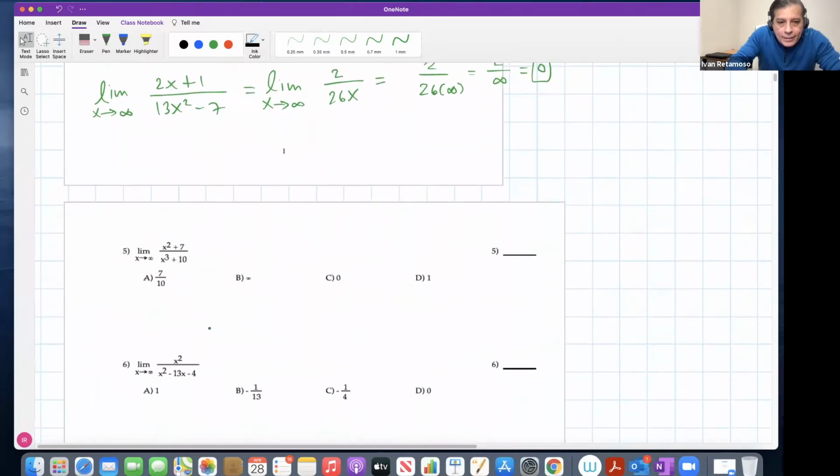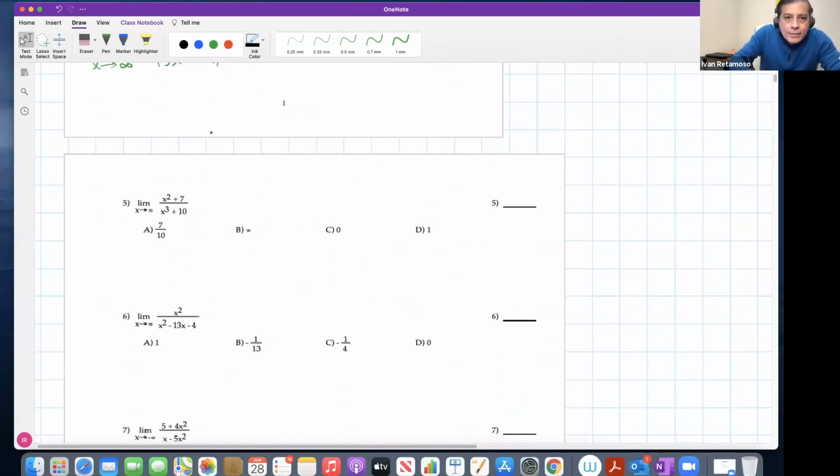Another one, can you try this using L'Hopital's rule or using the traditional method, right? Try to do this, guys.